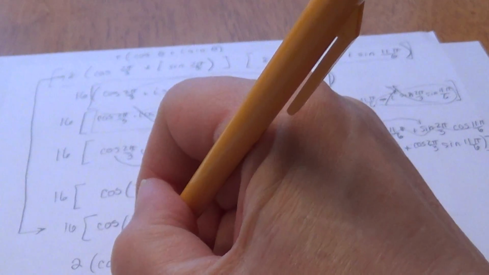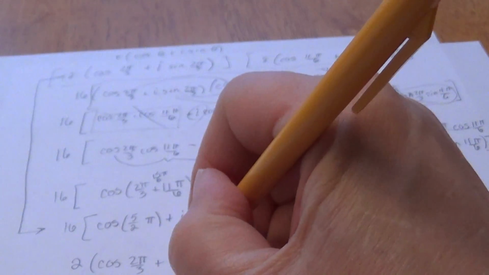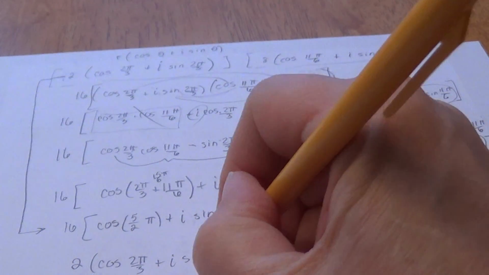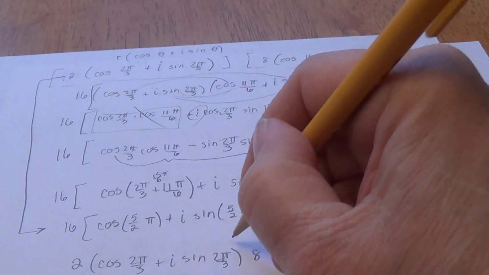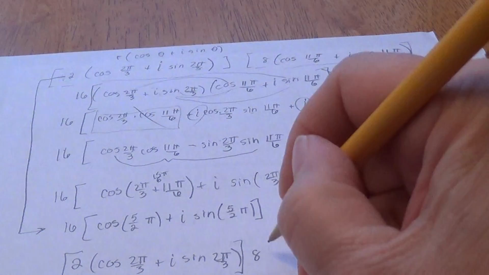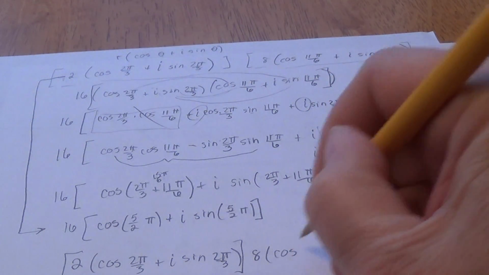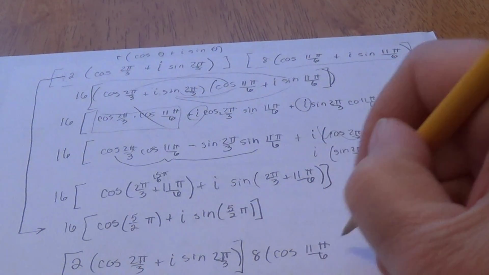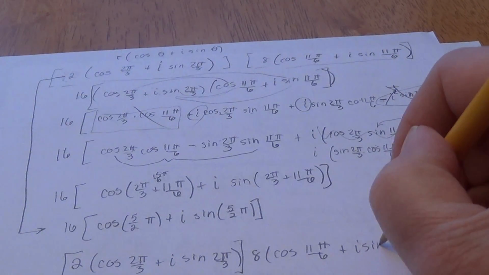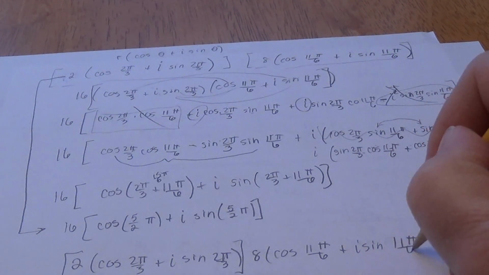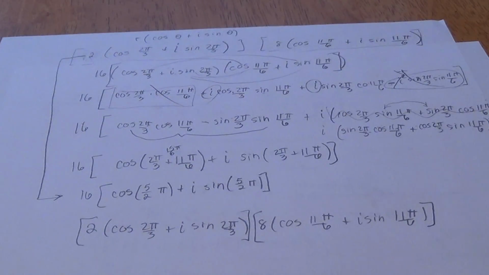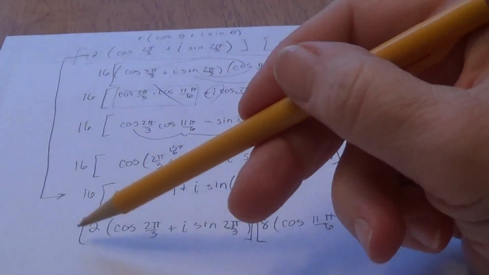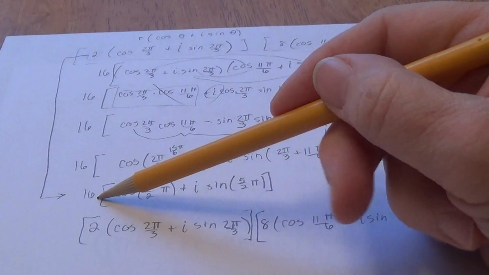So here's the original problem. Let me draw it out again. We're multiplying this complex number times this one. When I do that, I want to get from this to the 16.